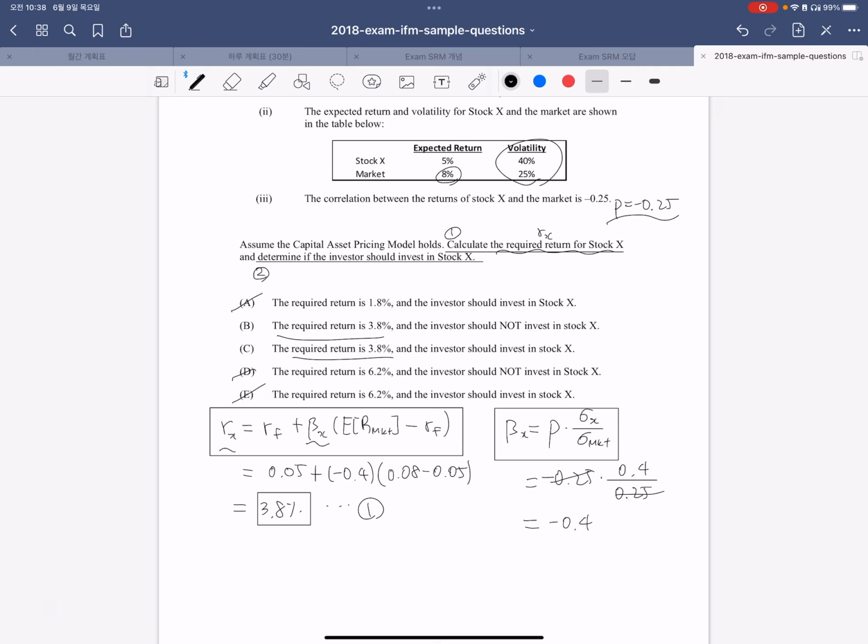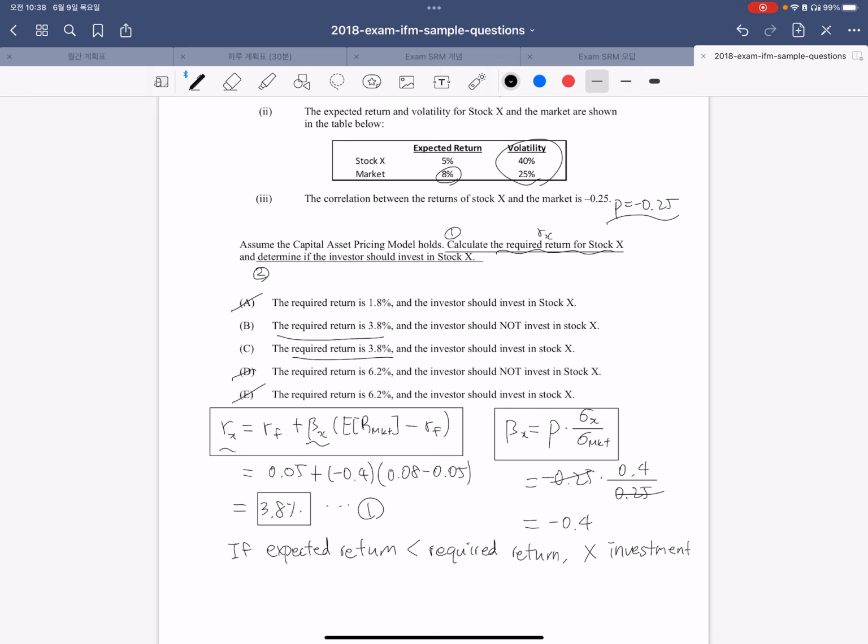Writing this down, if expected return is less than required return, no investment.